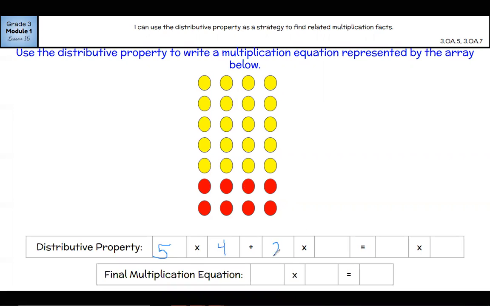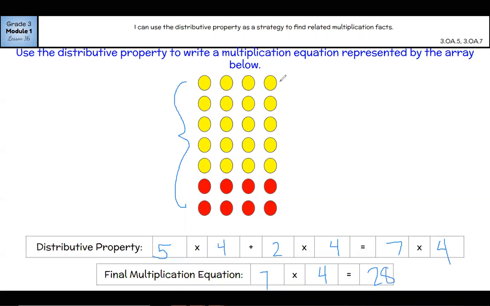Now I'm looking at the red with 4 in each. Yellow is 5, red is 2. That makes 7 times 4. So my final multiplication equation is 7 times 4 equals 28.